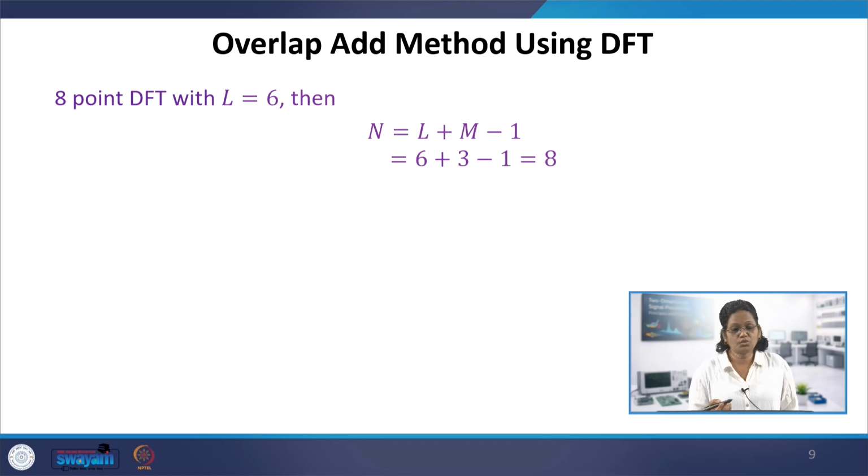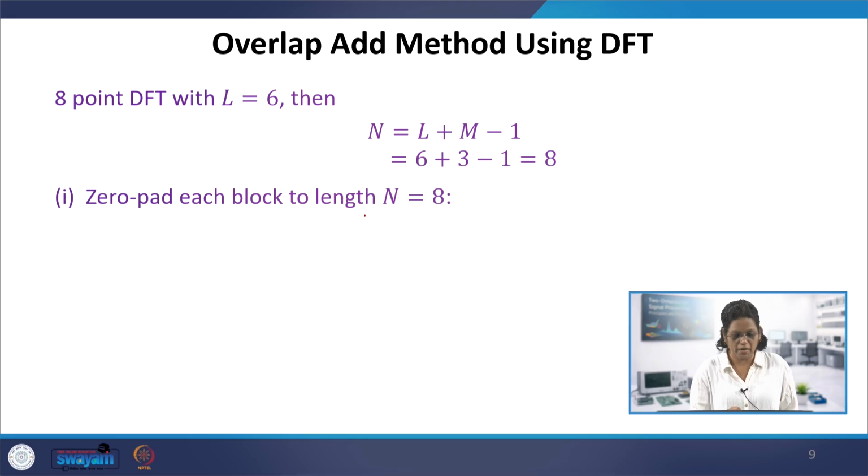So now, can we use this DFT for performing this convolution? We need to have this 8-point DFT, as we computed in the previous case. We take this example and zero pad the block length to 8. I think you now understand that the DFT gives a circular convolution, so we need to make N equal to 8, that is the block length.